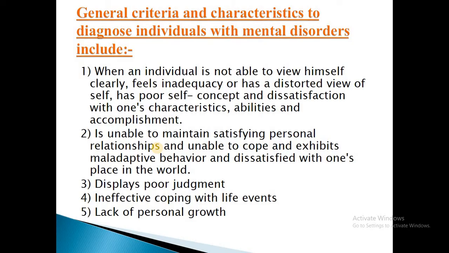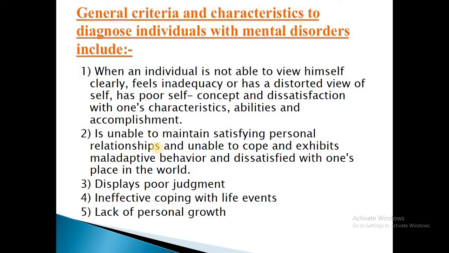That means the diagnosis of a mental disorder should contain a collection of symptoms, divided between positive symptoms and negative symptoms, to help you say this is a mental disorder. That means the diagnosis needs a collection of symptoms, not one symptom only.